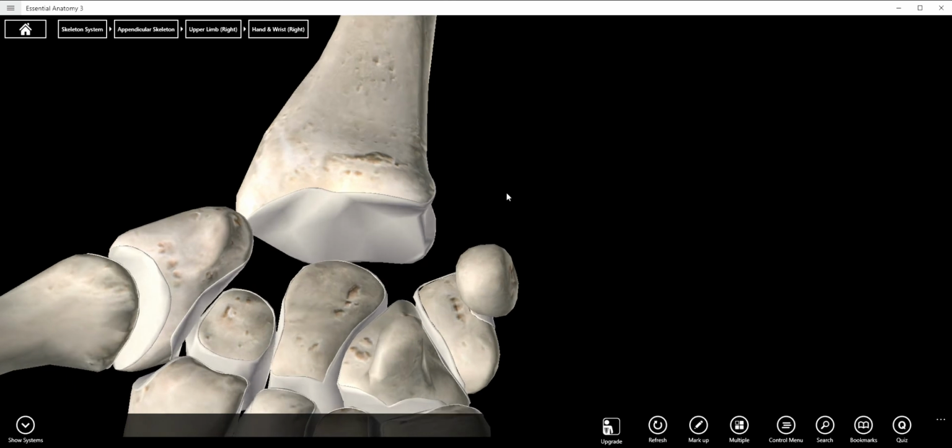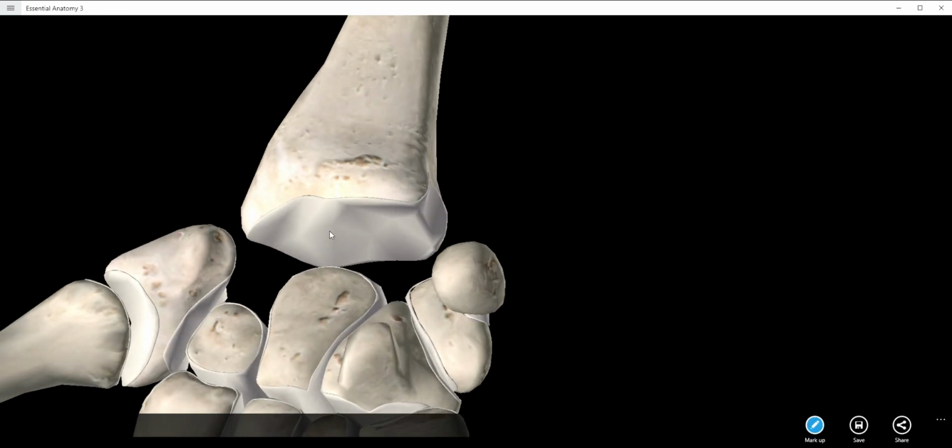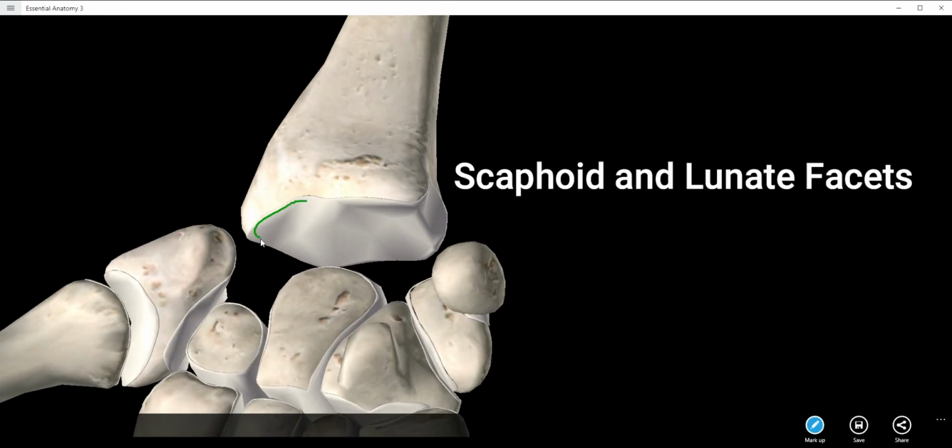So I just removed the scaphoid and the lunate to show you their articular surfaces with the radius. This is the scaphoid facet and the lunate facet. Not to be confused with this over here, which is the ulnar notch.